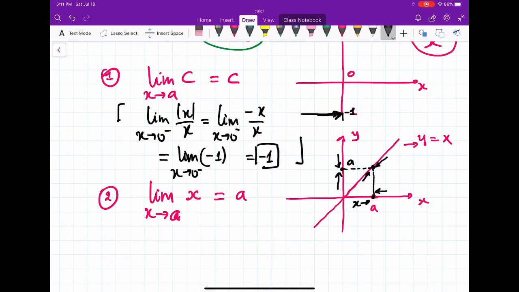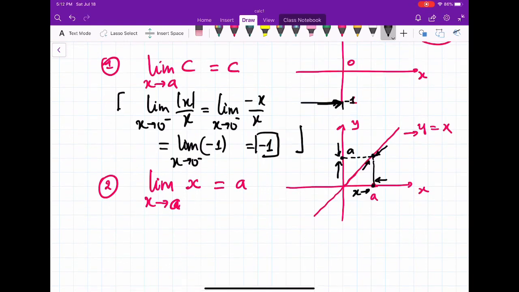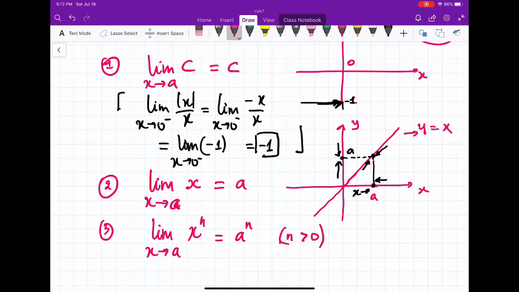But actually, what we can see in this case is that even if you don't have x but x to the n, like a parabola or some polynomial, as x goes to a, the limit is just a to the n. Of course, in this case, n is bigger than 0, because when n is less than 0, we still have a problem.